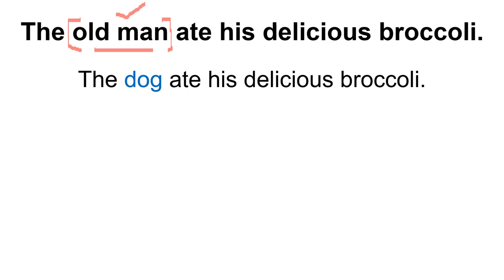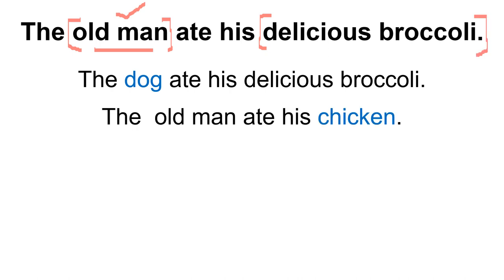Same with delicious broccoli. Let's replace it with chicken. Because we can replace it with another noun, we know it is a constituent by the replacement test.